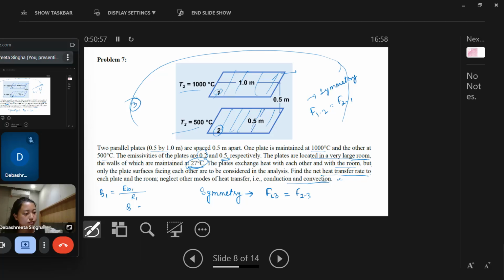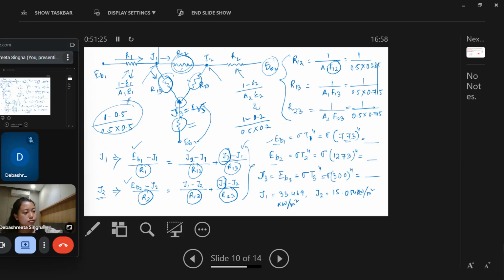Q2 is equal to, Q3 is already J1. J1 minus J3 divided by R1, or you can write J2 minus J3 divided by R23, any one equal.